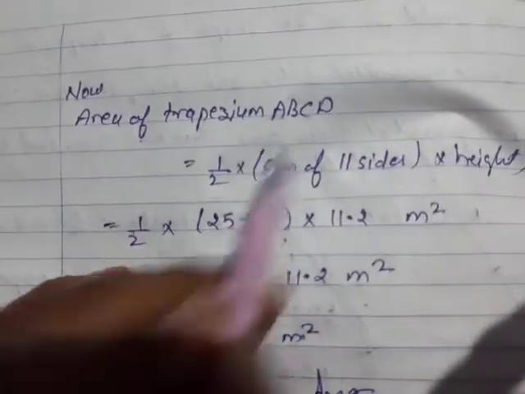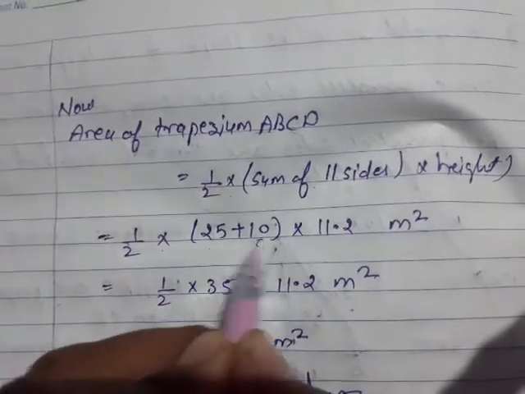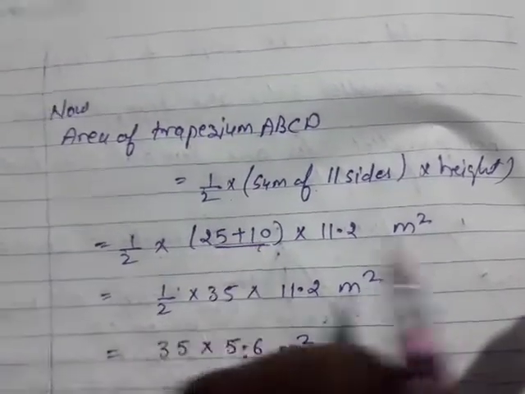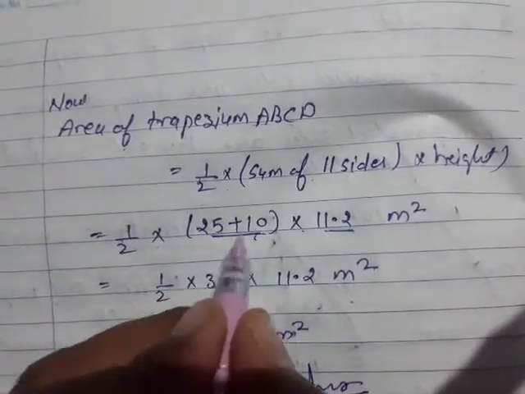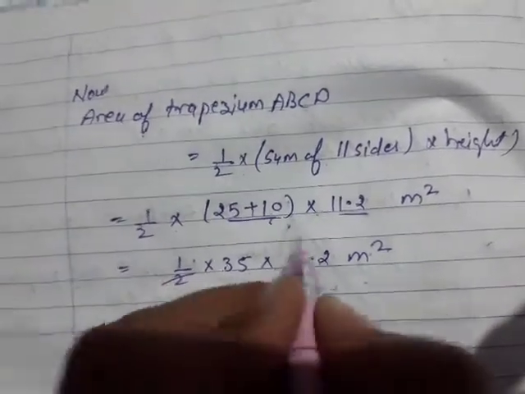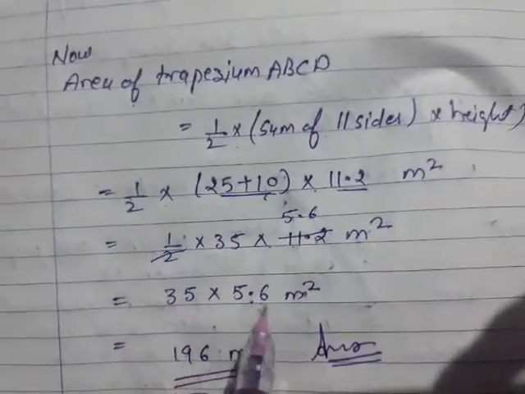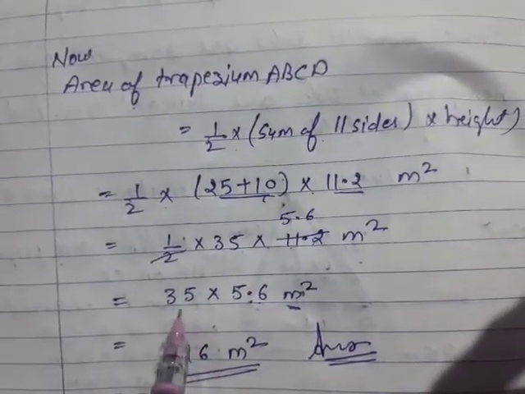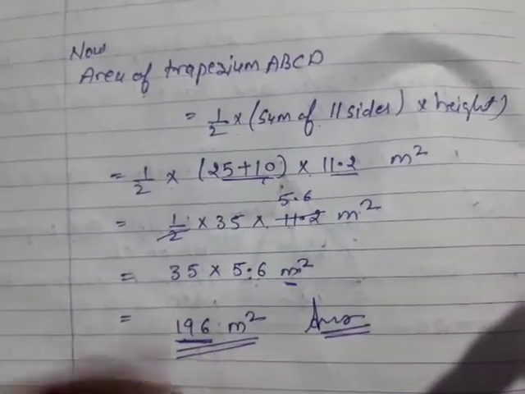So the area of trapezium ABCD equals half into 25 plus 10 into 11.2. So half into 35 into 11.2, 11.2 by 2 is 5.6, so we get 35 into 5.6 meter square. The product of these two numbers is 196. So 196 meter square is the area of the trapezium.